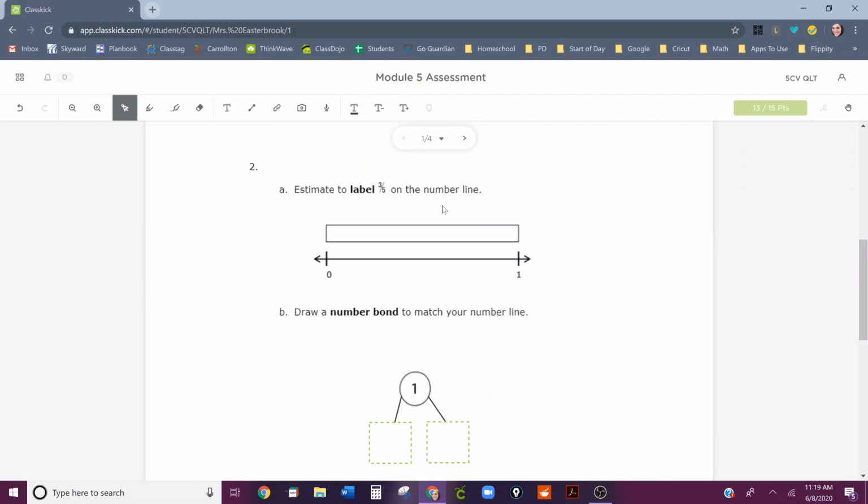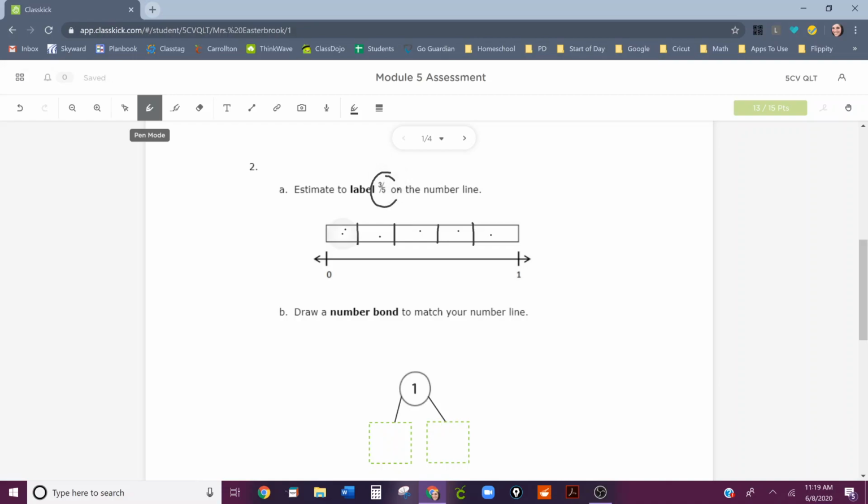Estimate to label 3/5 on the number line. So this is another one of those that you got a point for doing it yourself. So I'm just going to take the pen and I'm going to break this number line, or this fraction strip, into 5 equal pieces. 1, 2, 3, 4, 5. Now it says I have to label 3/5.